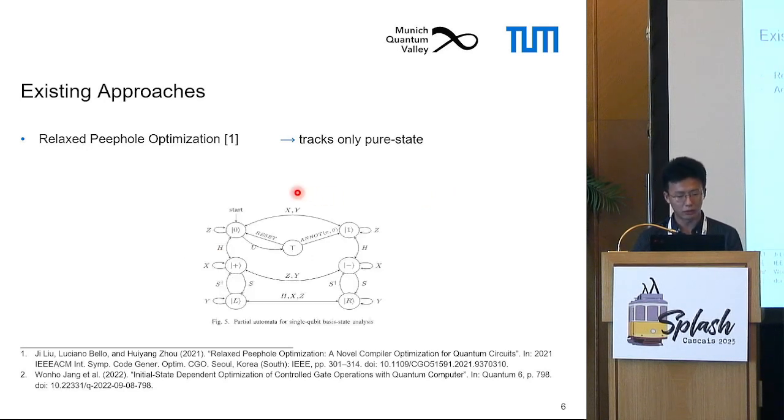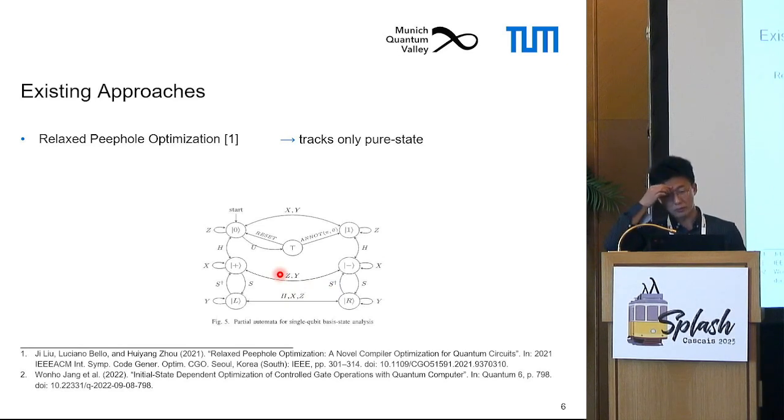So where are we? This RPO approach tracks only pure states, and each node denotes some state of the qubit to be tracked, and it goes from one state to another if you apply a single-qubit gate upon it.